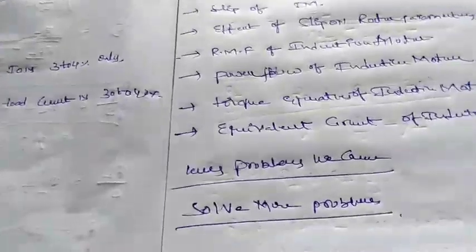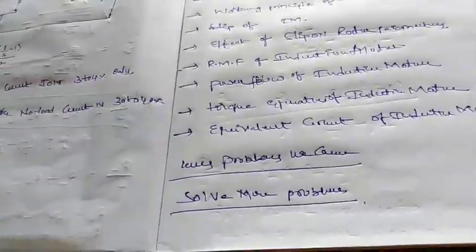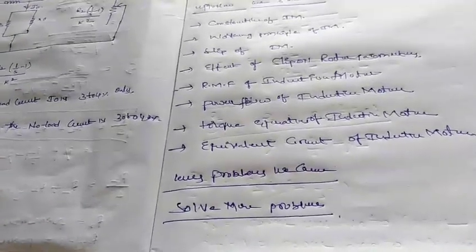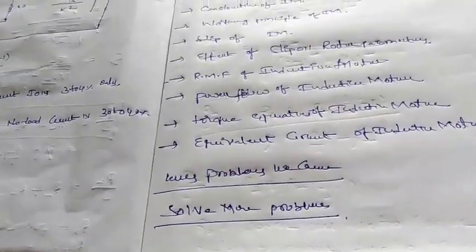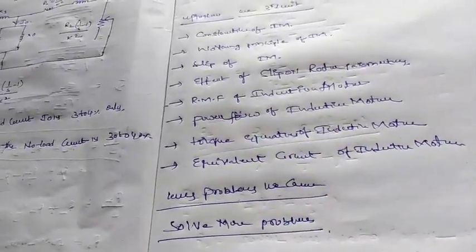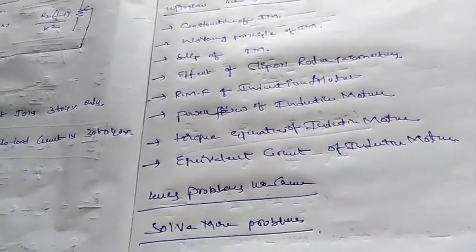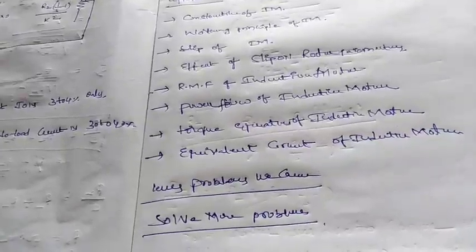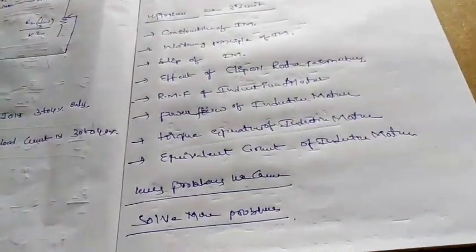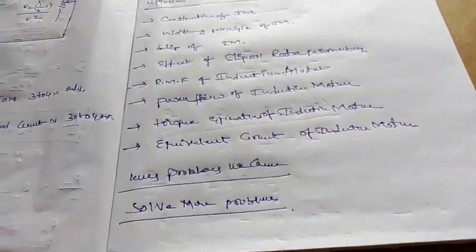The topics in the fourth unit are testing of induction motors, like testing of transformers. For transformers we have OC test and SC test. Similarly here, open circuit test and blocked rotor test.